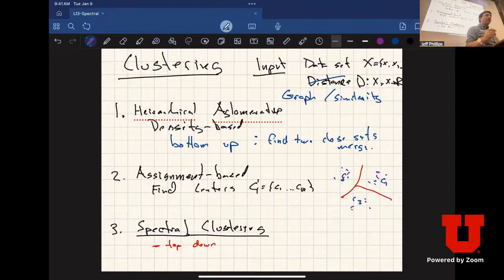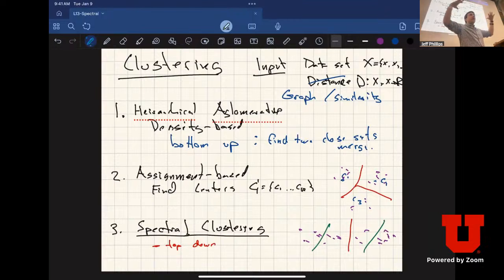This will be top down, which means that I will have a bunch of data points, and I'm going to try to find a good way to split. Then recursively within these two clusters, I might find another way to split these, and you recursively go down. So again, I'm going to build this hierarchy, but it'll be a top-down algorithm where I'll be splitting instead of merging from the bottom up.